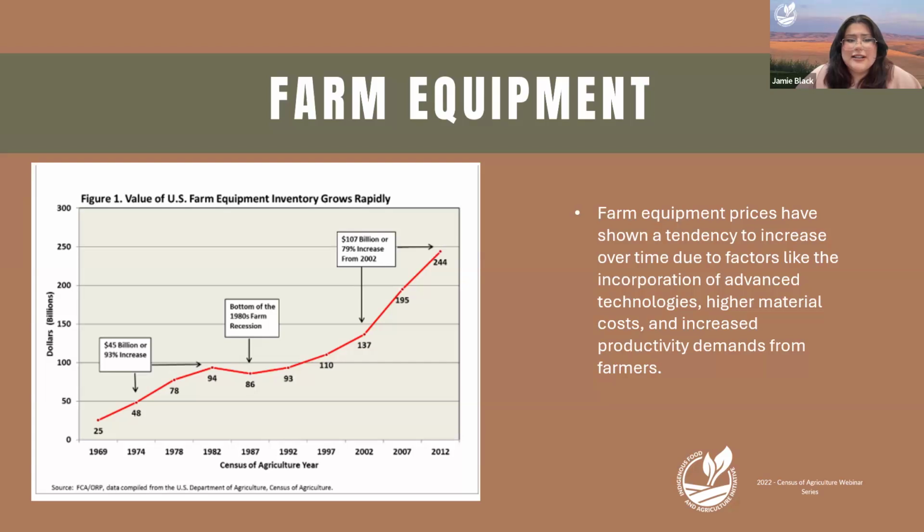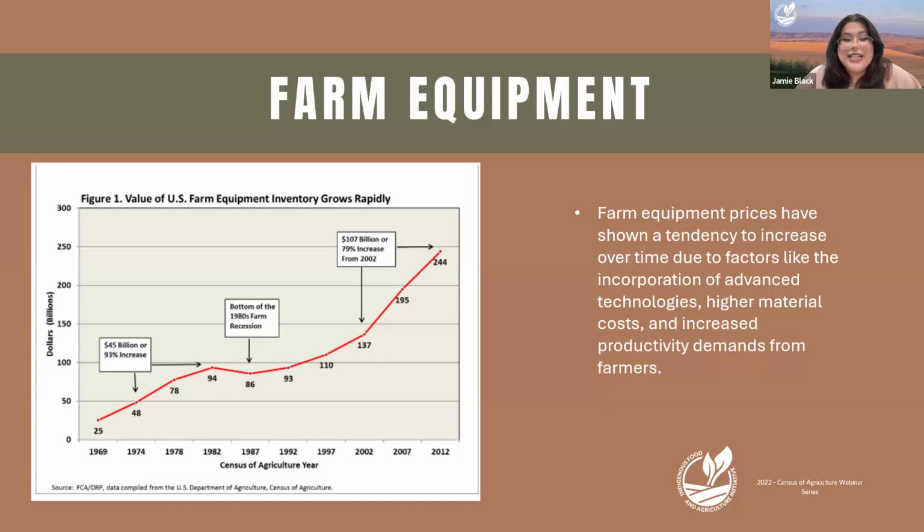Through these, the Census of Agriculture data actually indicates that the total market value of the inventory of the US farm equipment grew by 79%. That comes out to roughly $107 billion to $244 billion. So yeah, that's a pretty big increase.